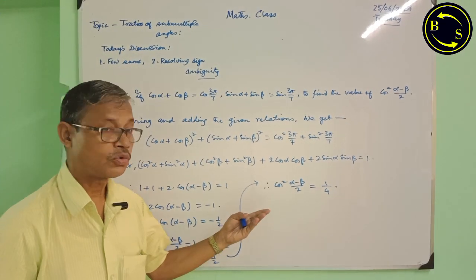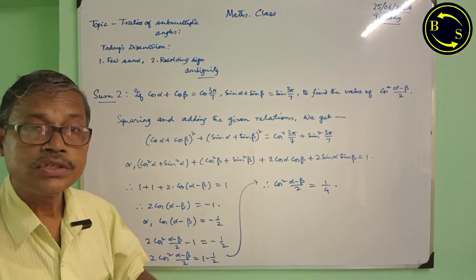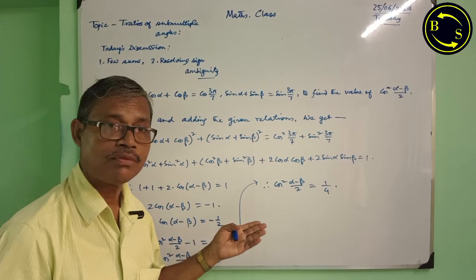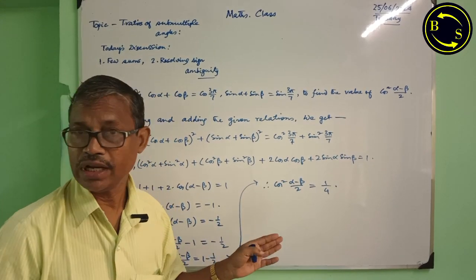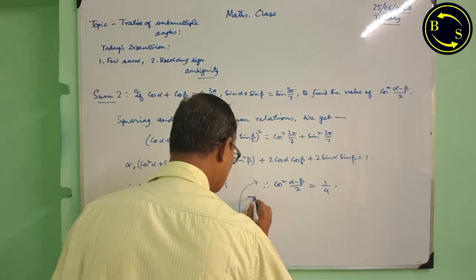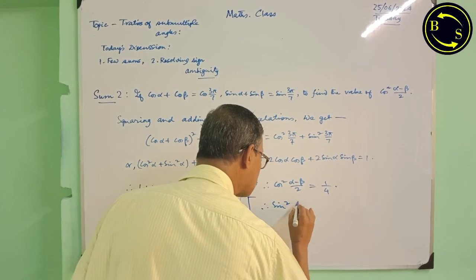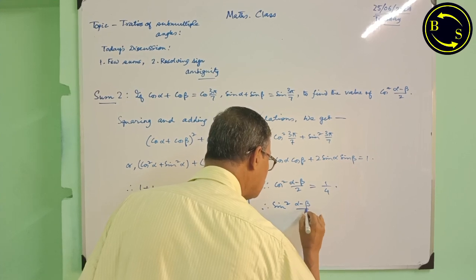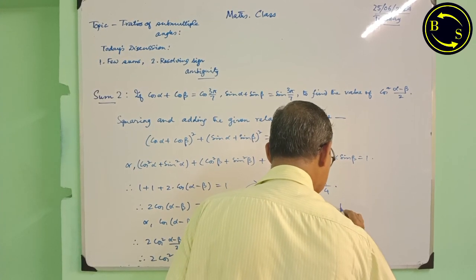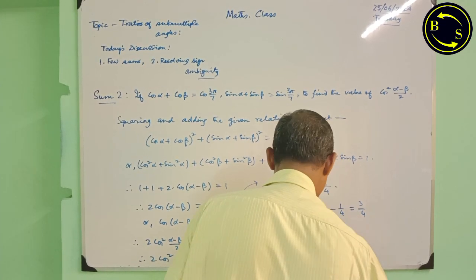Therefore cos square alpha minus beta by 2 is equal to 1/4, from which we can also obtain the value of sin square alpha minus beta by 2 as well as tan square alpha minus beta by 2. Therefore sin square alpha minus beta by 2 will be equal to 1 minus 1 by 4, that is 3 by 4.